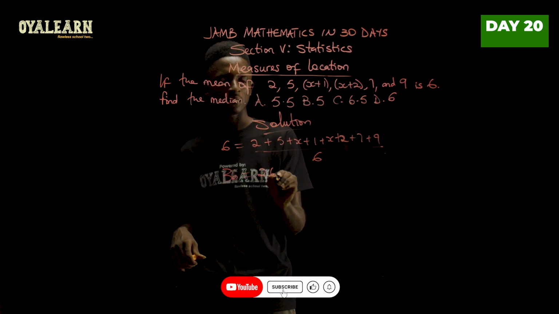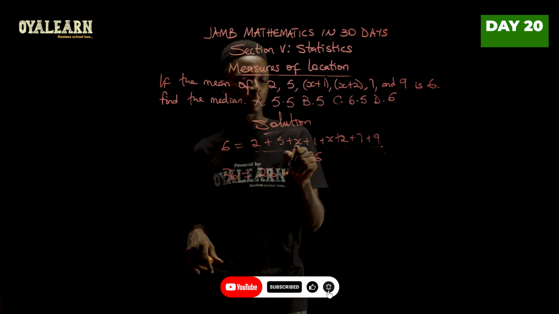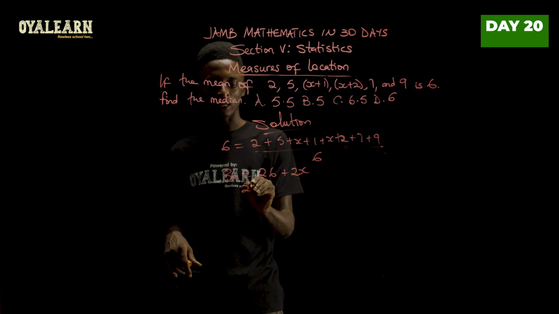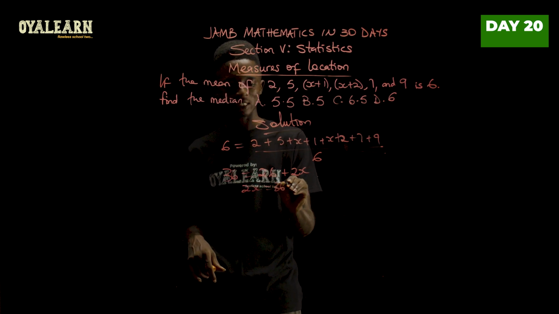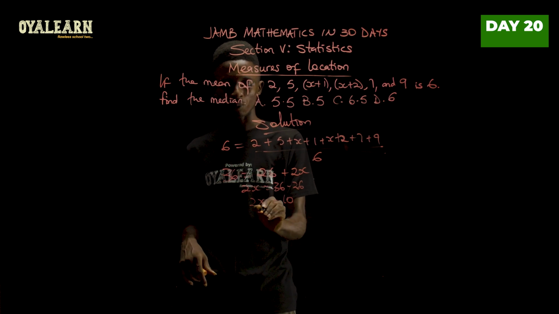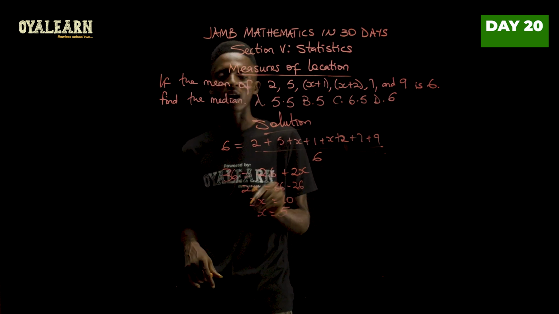So 26 plus, now x plus x gives us 2x. So we can say 2x equals 36 minus 26. 2x equals 10, which implies that x is 5.